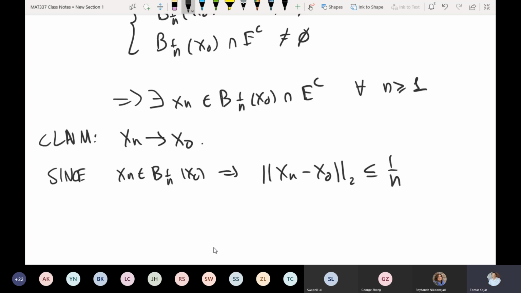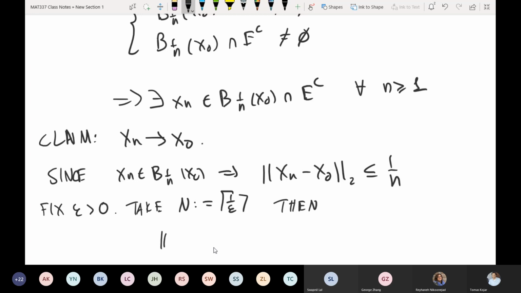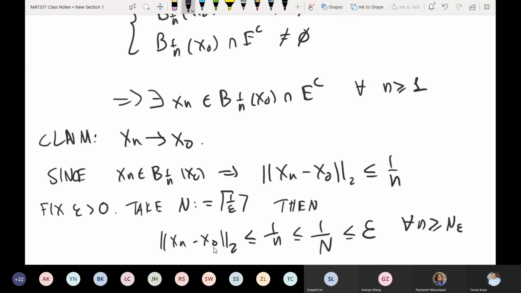So indeed, if you fix epsilon positive, take n to be 1 over epsilon, then you get the limit.